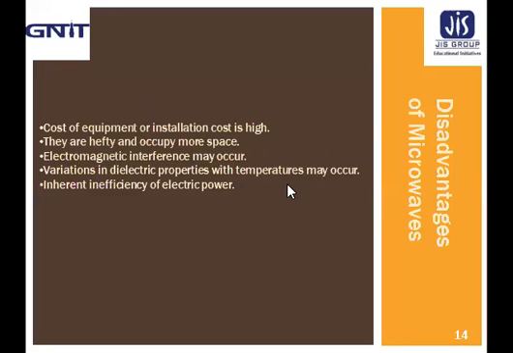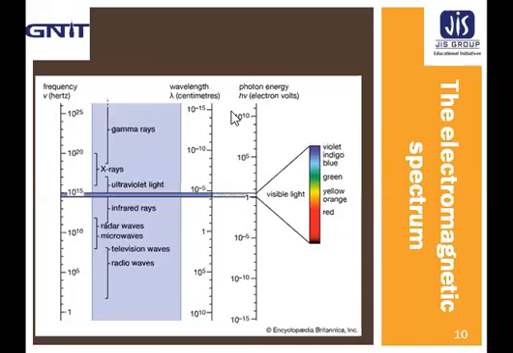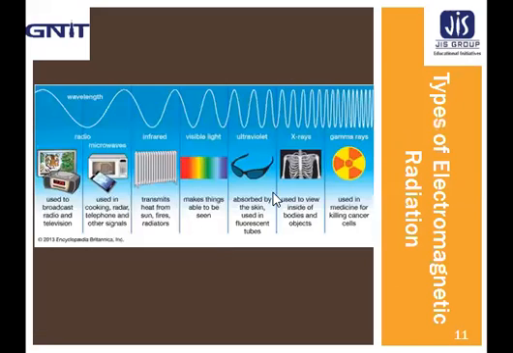Now, that's all for today. This was the introduction class where we discussed what is microwave, what is RF, radio frequency, and after that, what is the electromagnetic spectrum, and what are the different types of electromagnetic radiation.